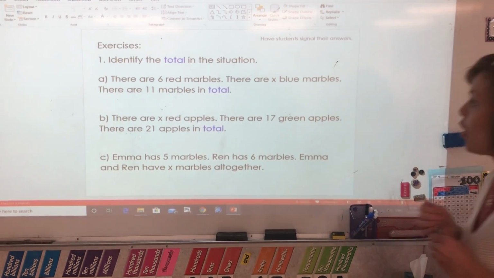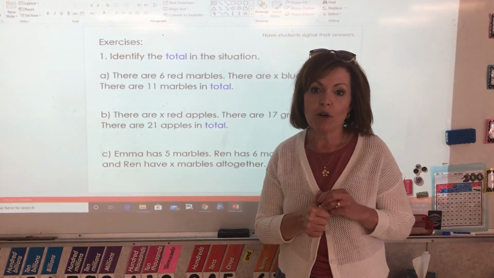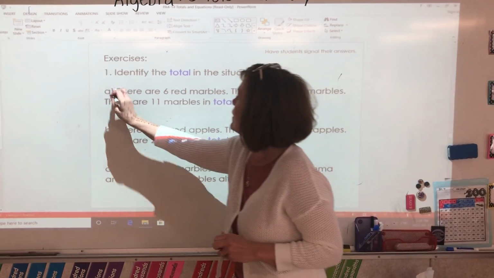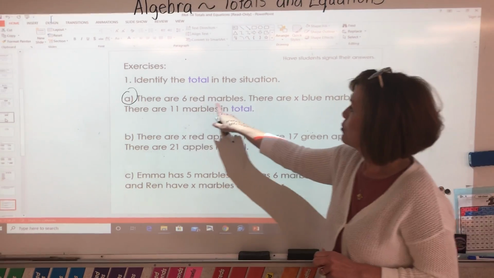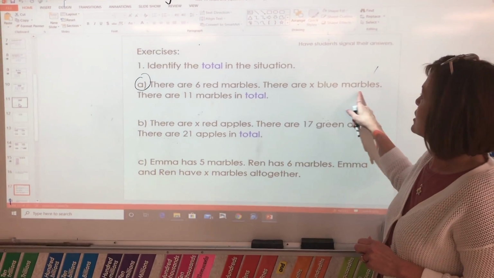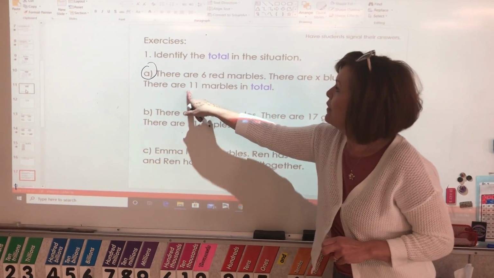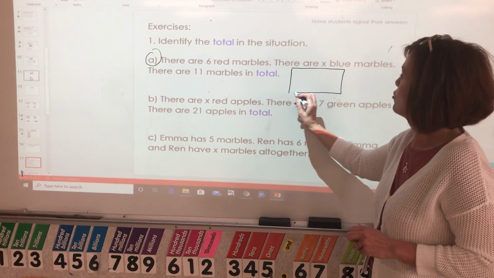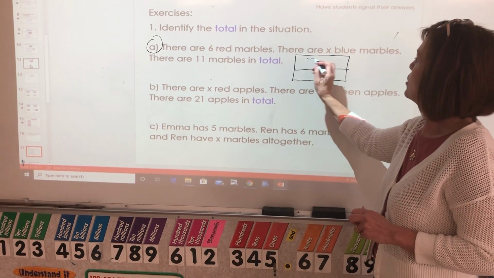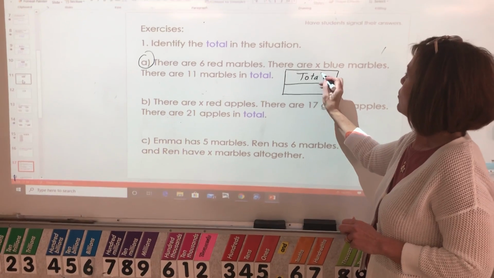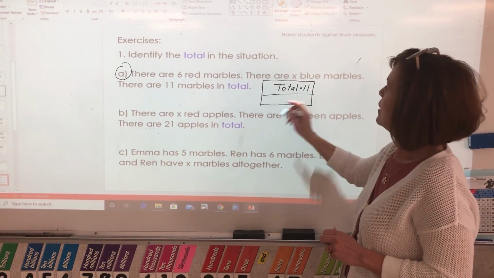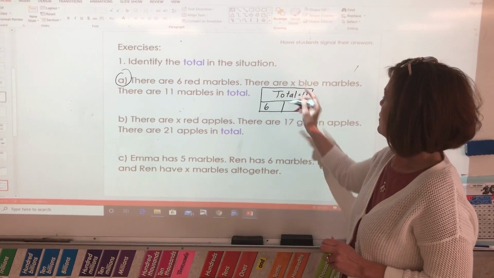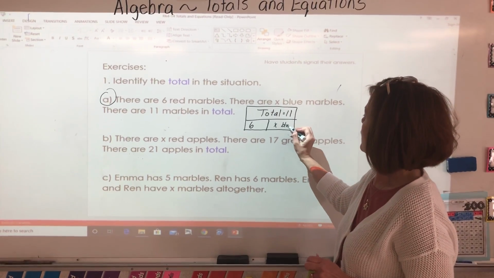Okay, there'll also be some word problems in your workbook today, and we're just going to do one from each of these pages. So let's look at A. There are 6 red marbles. There are X blue marbles. There are 11 marbles in total. If you want to draw the chart the way they're used to drawing it, you could put total, which is 11, and underneath there's 6 red, and the other part is X blue.